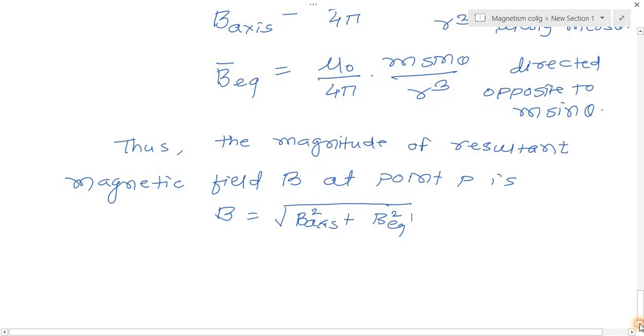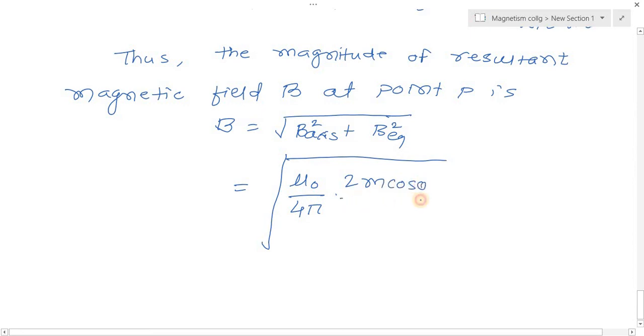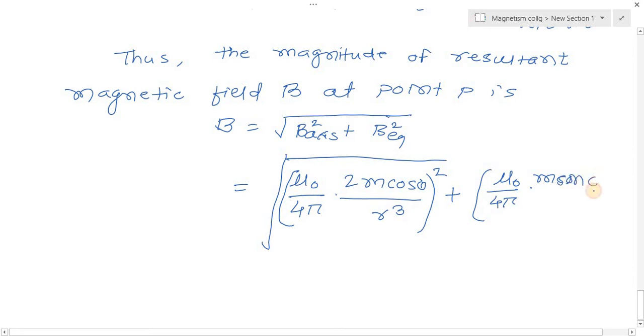So here if I put the value here, we get under root, B axis means mu 0 upon 4 pi into 2m cos theta upon r cube, bracket square, plus in another bracket mu 0 upon 4 pi into m sin theta upon r cube, bracket square.